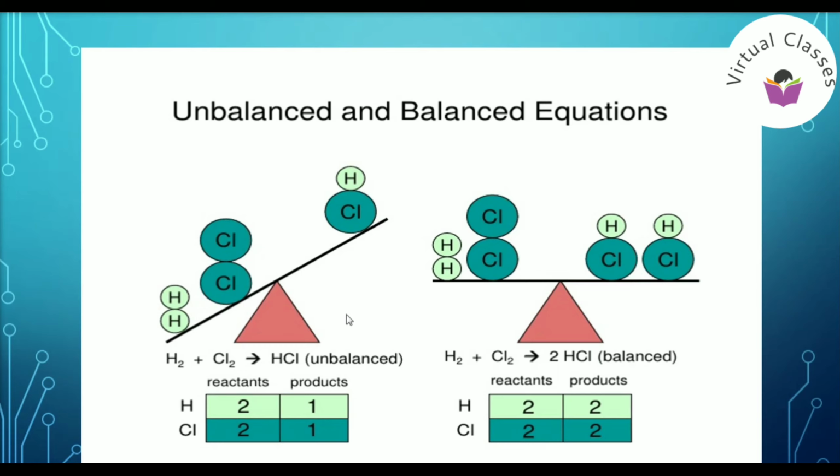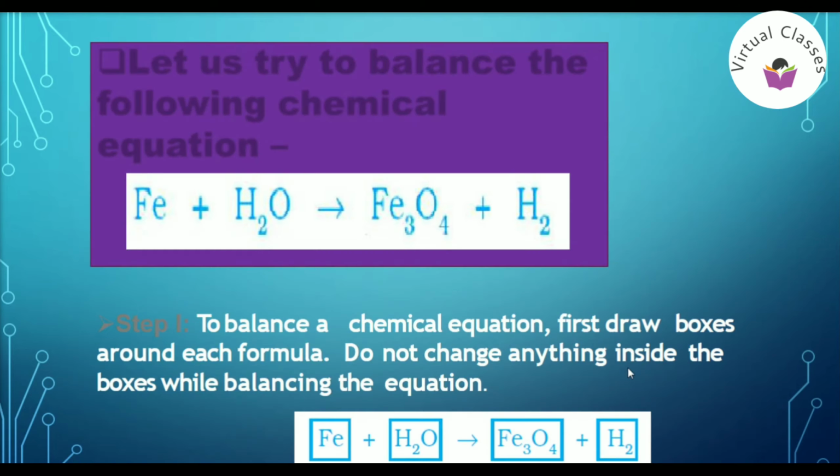So, in this case, the reaction is unbalanced or skeletal. While on the right side, if we multiply HCl by 2, now we have two H and Cl atoms on both the reactant as well as the product side. The same has been listed in the table also. Hence, the reaction is balanced.